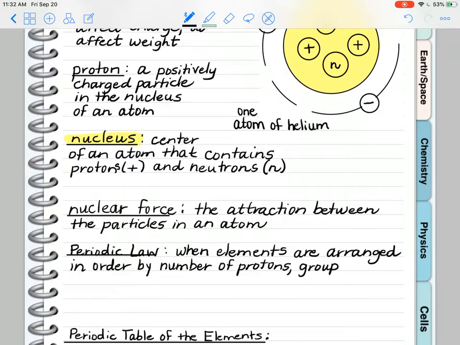Groups with similar properties. So all the metals go together. All the non-metals go together. Properties are arranged together.